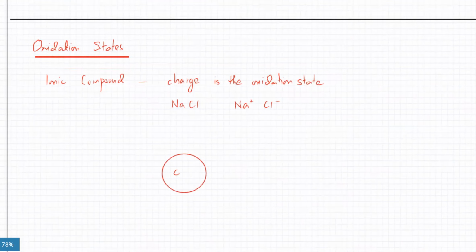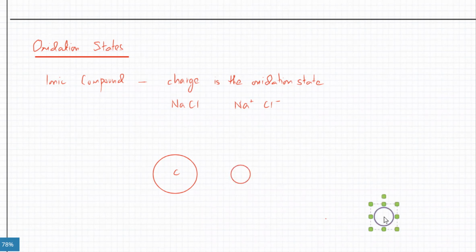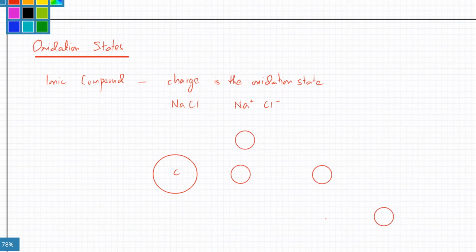Okay, so for example, I've got a carbon atom, and I've got these 4 hydrogen atoms, and carbon needs 4 electrons. So let's do a bit of covalent bonding. Carbon has these 4 electrons, and its outer shell is not complete, so it needs 4 more electrons.